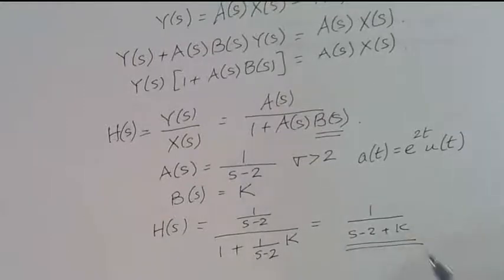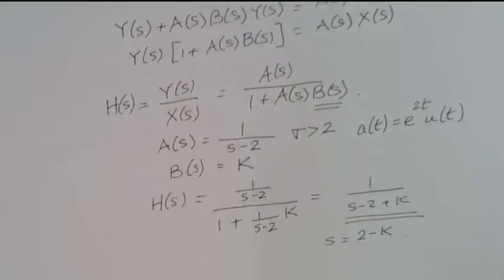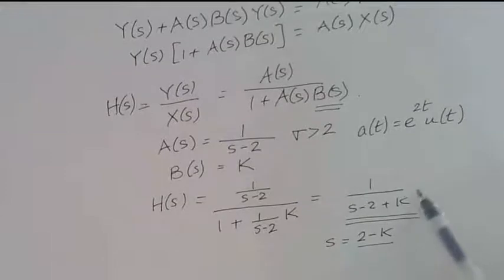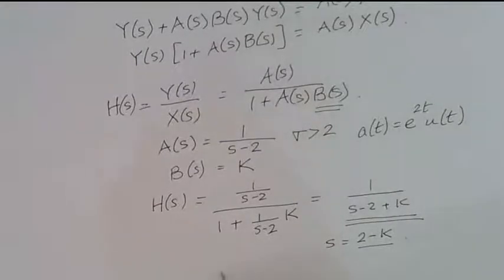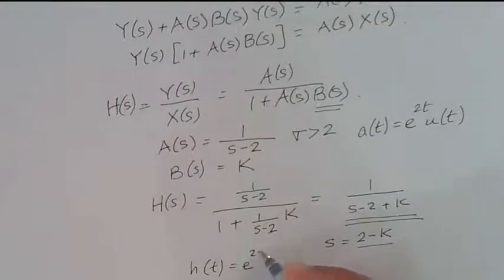This system has a pole at S equals 2 minus k. Right? And therefore, if I wanted to find the response of this overall system, that's going to be h of t equal to e to the, remember, it's 2 minus k times t, u of t.